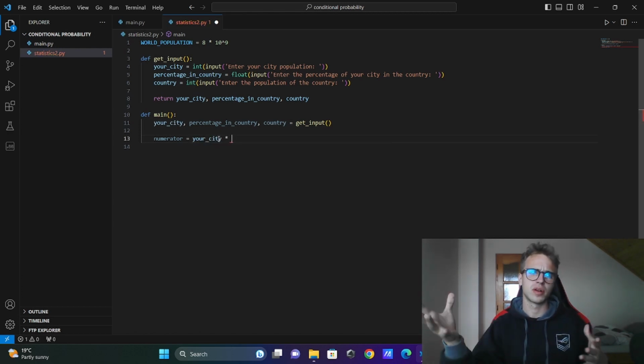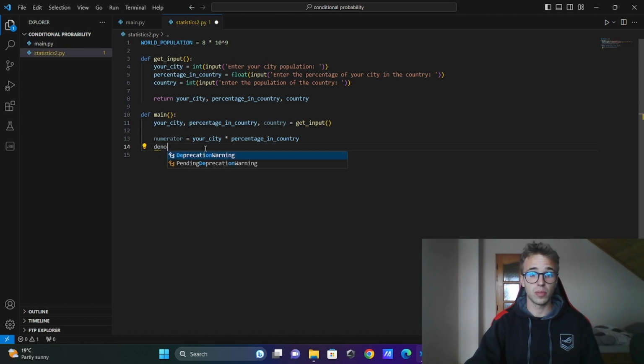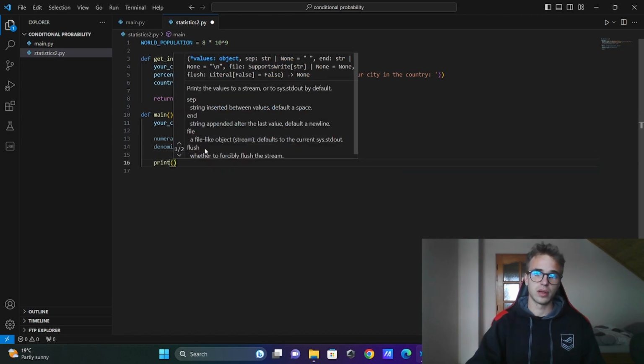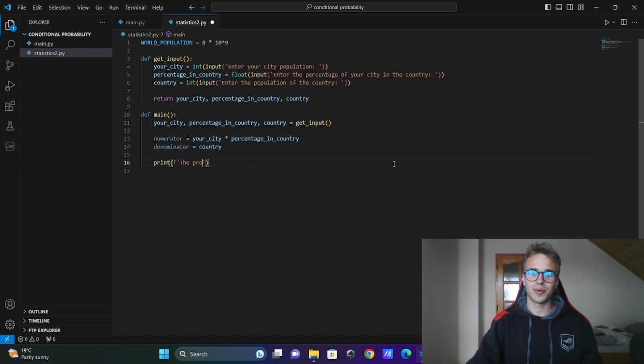We don't have an intersection here, so I will use multiplication of the percentage and the number of people. Denominator is equal to the number of people living in the country. Last but not least, let me print this out. The probability of people living in the city with condition people living in the country.